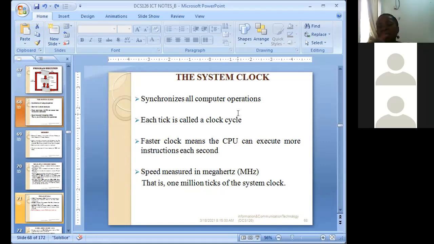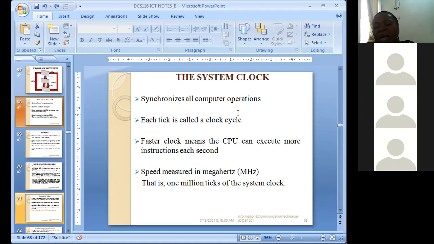That is, it helps all the operations of the computer to be in sync, in harmony, so there will be no part that is working and forgetting the other. Everything is done in sync, in harmony, and that's because of the clock.